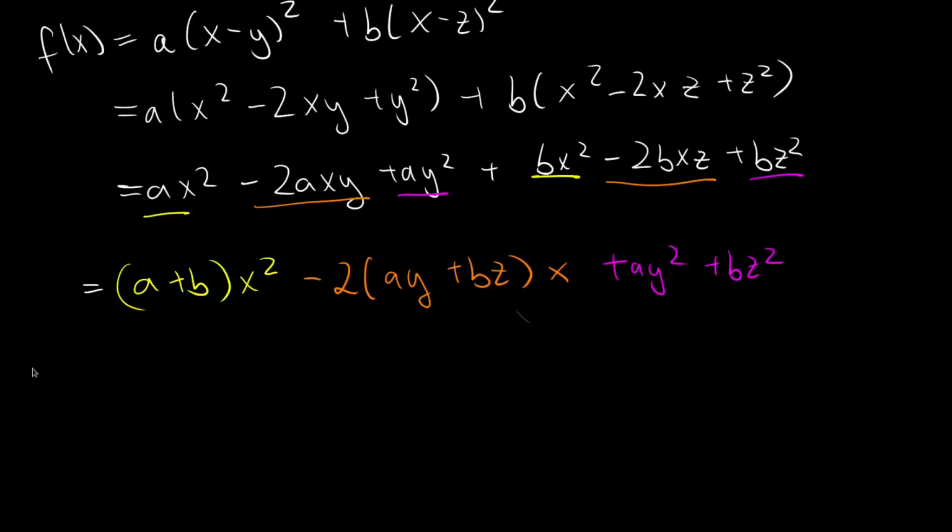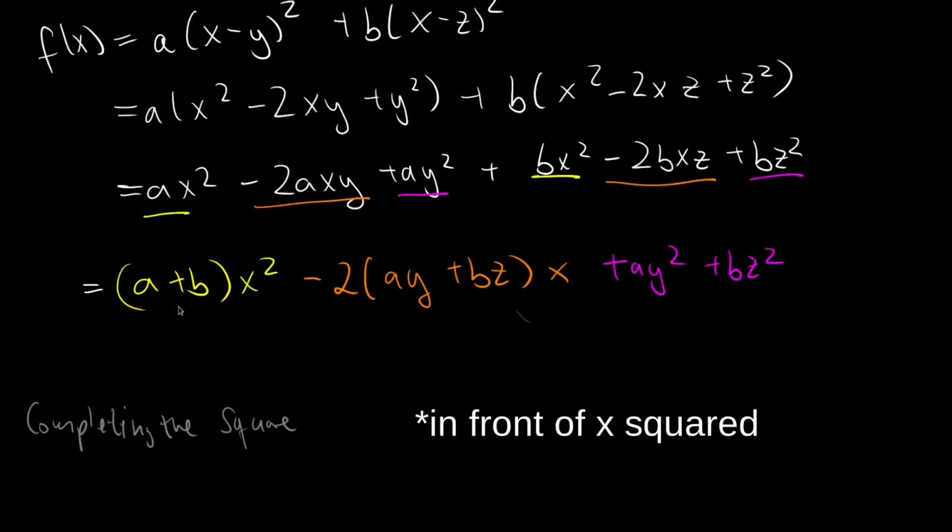So this is what we will be doing now. We will complete the square, and for this, let us look at the coefficients. I will introduce another a, b, c, which will be a little bit confusing, but it's just to be consistent with the naming that I introduced in an earlier video. The coefficient in front of x squared was called a, so I will call it a prime.